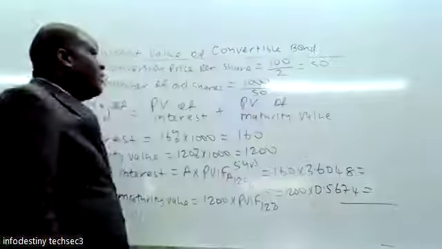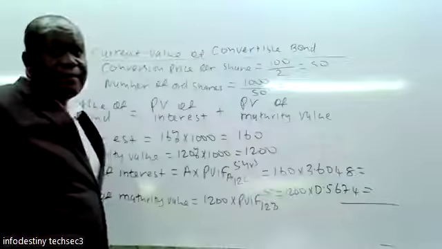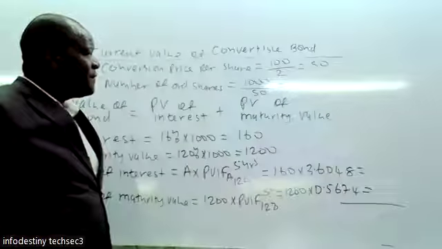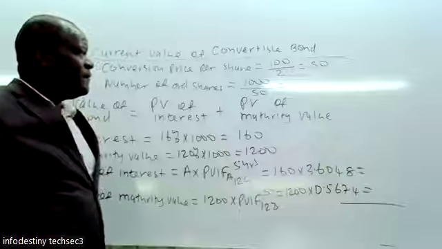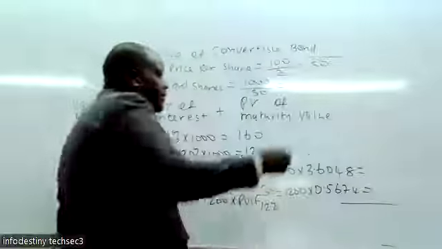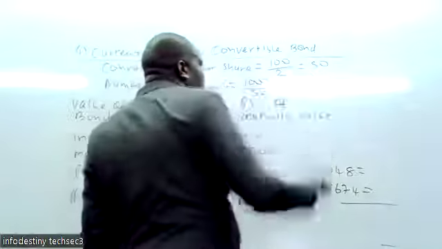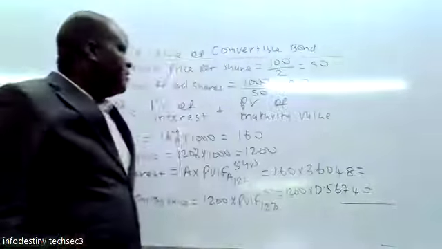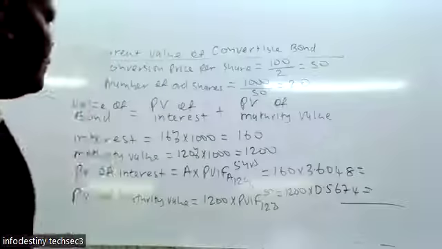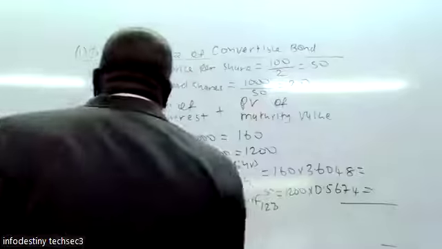So when you take 1,000 divided by 50, it gives us 20 ordinary shares.